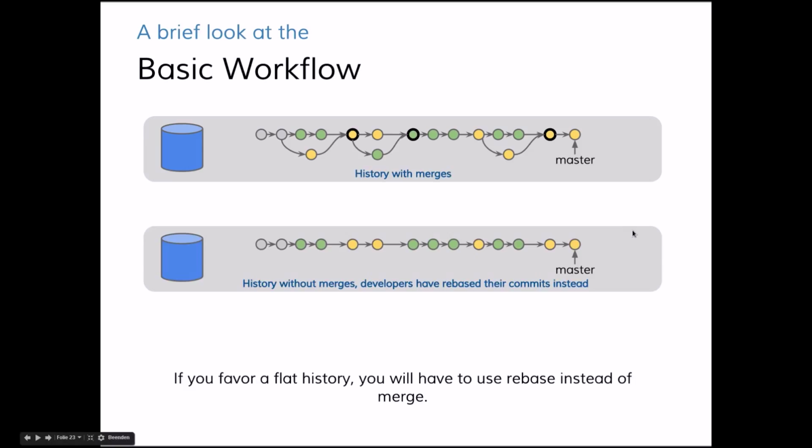A lot of developers, however, prefer a flat commit history like this, without parallel commits as you would have here. But to gain such a history of commits, you would have to use rebase instead of merge. However, in this tutorial we will only focus on git merge, and we will show how to rebase your commits in future tutorials.